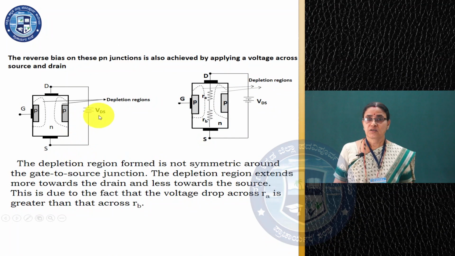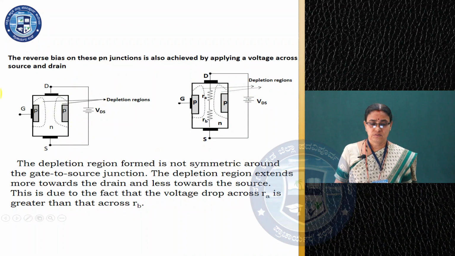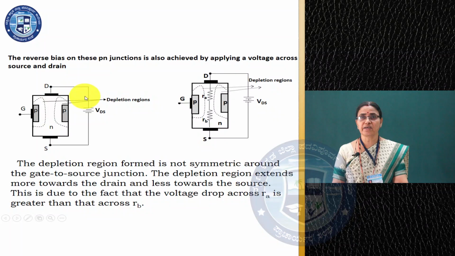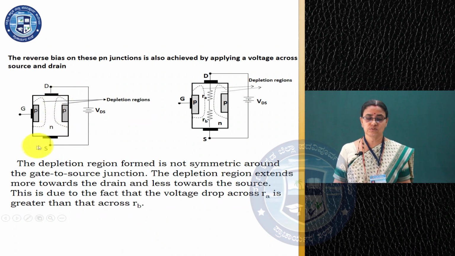Next one, VDS connected to this FET. Here also reverse bias, but VGS is a very small reverse bias, depletion region here. So VDS is connected here itself, the current flows through the circuit from drain to source.